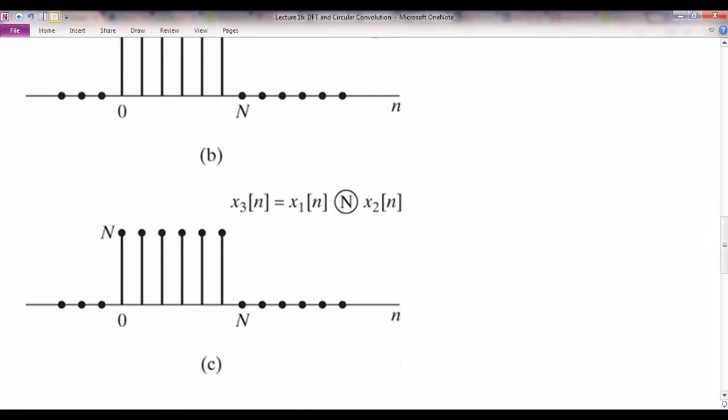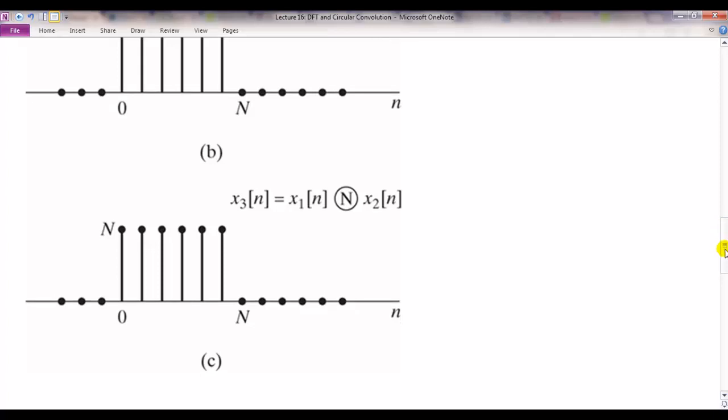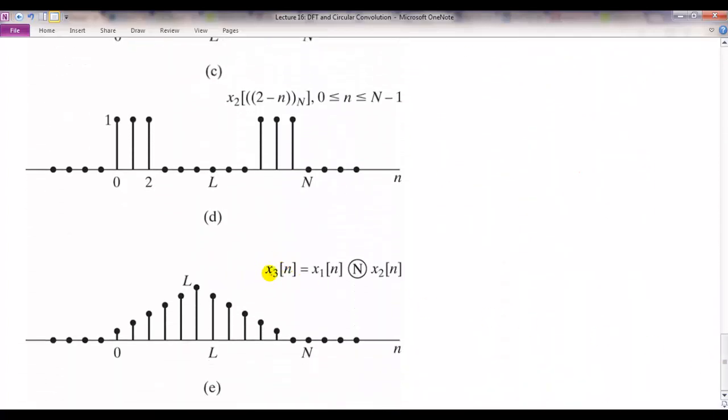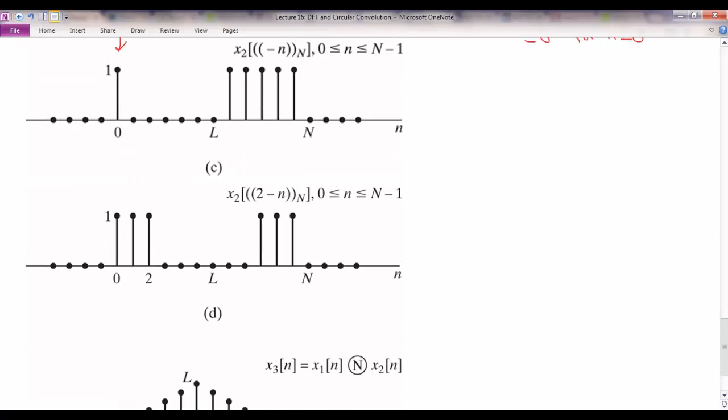But if I use a big enough N, specifically twice the length of the sequence, then I actually get back a circular convolution which looks similar to the linear convolution.